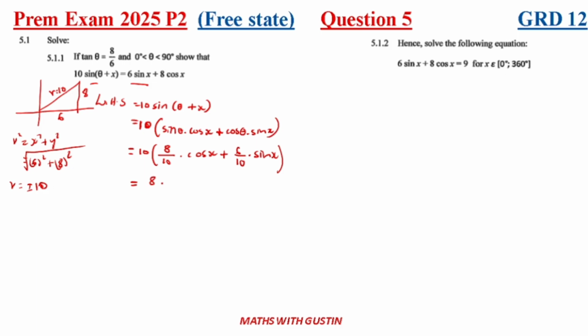We're going to be left with 8 cos x plus 6 sine x. So this is equal to the right hand side. Great stuff. Now that's out of the way, please let me know what you guys think. Now let's move on to 5.1.2.